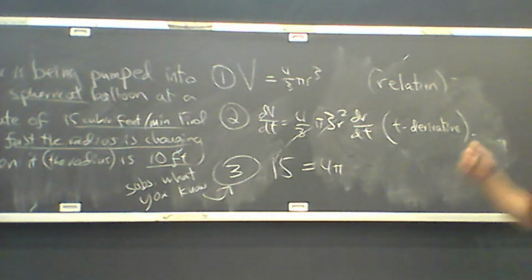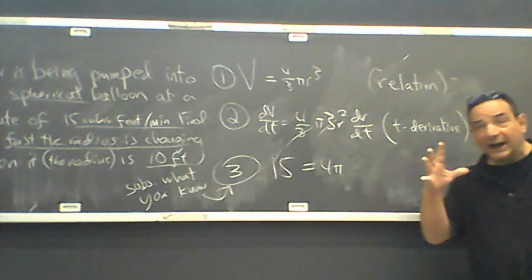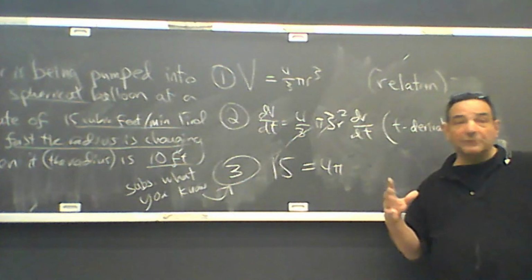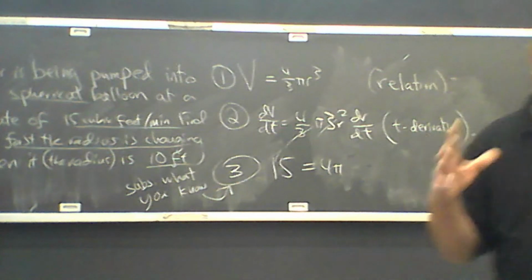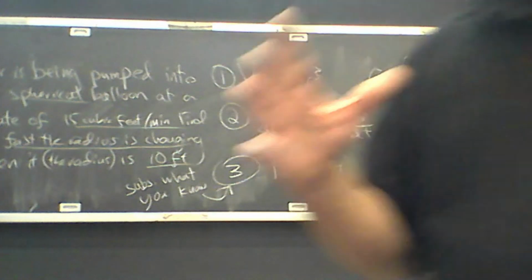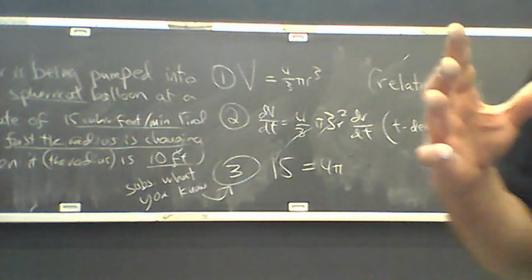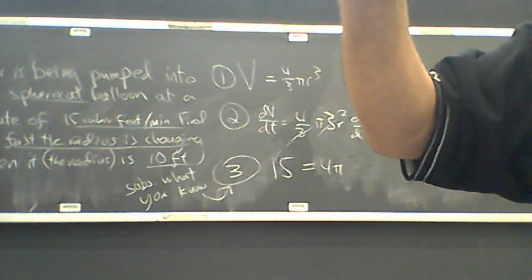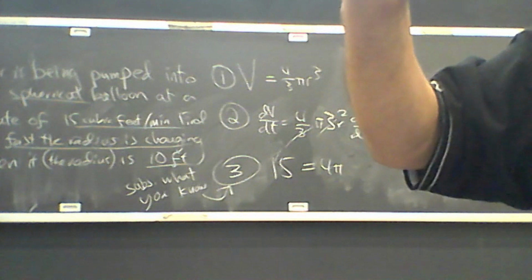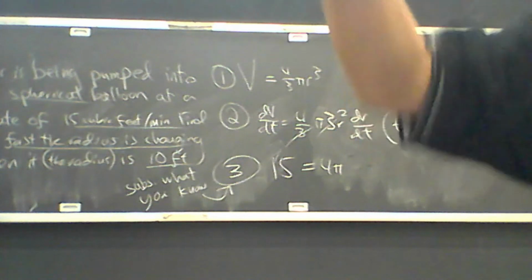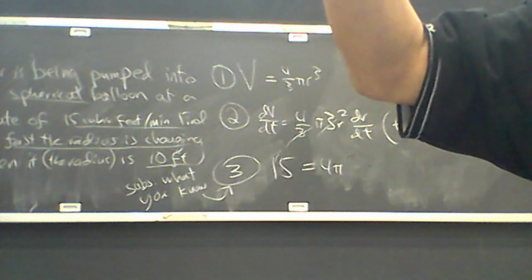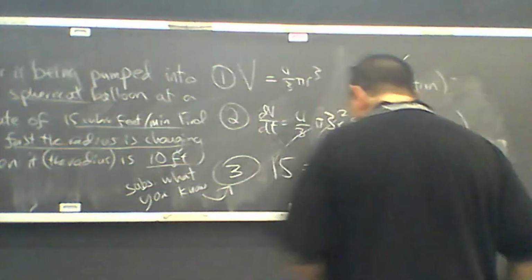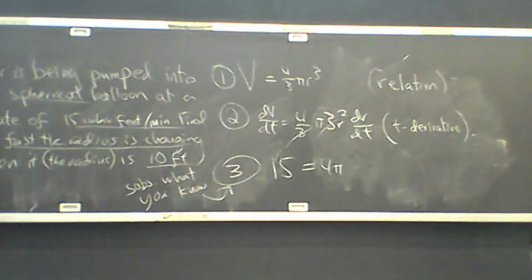Now, after rereading the problem, I see that the radius is currently 10 feet. In other words, when we do this problem, we're taking a snapshot when the radius is 10 feet. Okay? Now, think about this. If air is being pumped into a spherical balloon the size of the Earth, do you think 15 cubic feet would make the radius grow very much? Not really, right? The radius is not going to change very much, imperceptibly, not even on the molecular level.